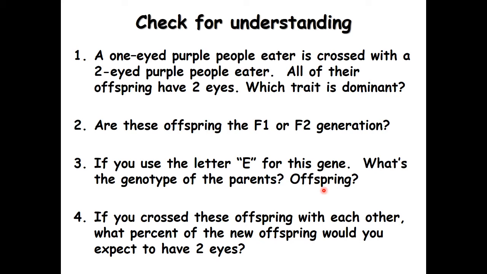Yeah, so far everybody got it right. So the one eye parent is two small e, the two eye parent is two big E, and the offspring is heterozygous, one big E, one small e. Good job. So what about number 4 now? If you cross these offspring with each other, what percent of the new offspring will you see to have two eyes?